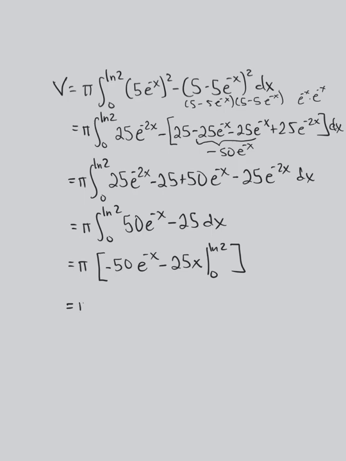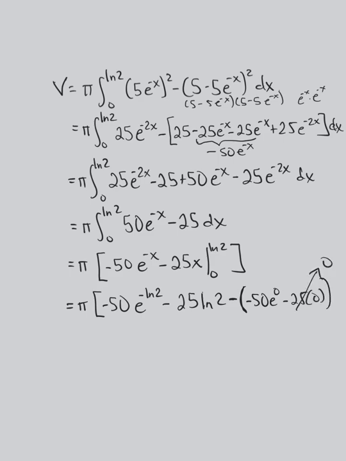We have pi times negative 50 e to the negative ln of 2 minus 25 ln of 2. And then we have our minus from the fundamental theorem, and now we're plugging in 0. Negative 50 e to the 0 minus 25 times 0. There's another part that becomes nice. That zeroes out.